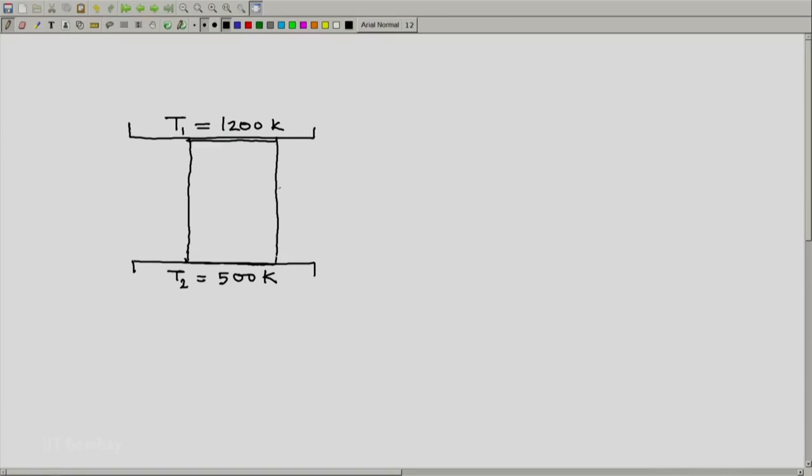So the intervening space happens to be our system. So this is the so called conductor, and let us say that the conductor itself, or that intervening space, is our system, and the heat transfer from this reservoir to this reservoir, Q dot, is given to be 150 watts.